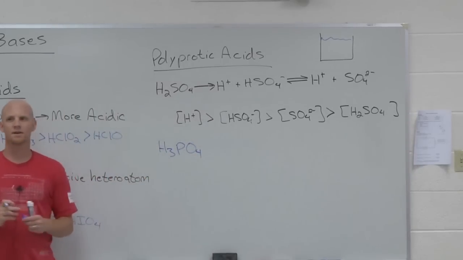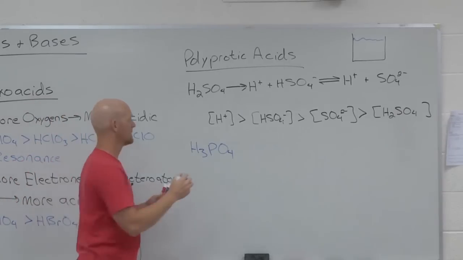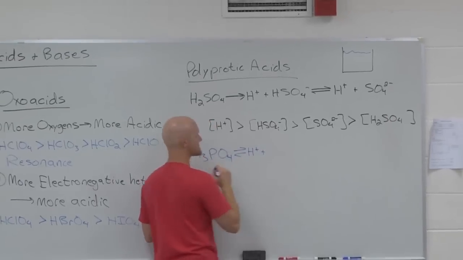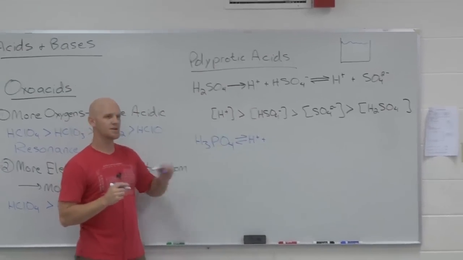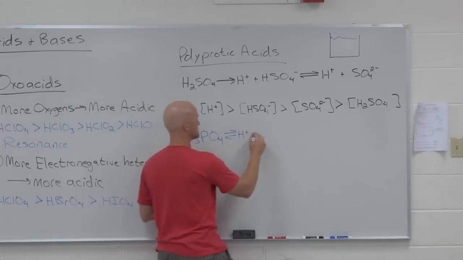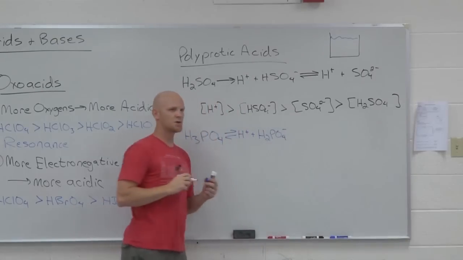So let's say we dealt with a weak polyprotic acid, in this case phosphoric acid. And in this case, it could dissociate the first time. And what's the conjugate base of H3PO4? Yeah, H2PO4-.